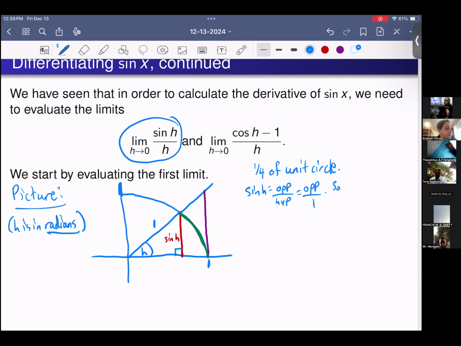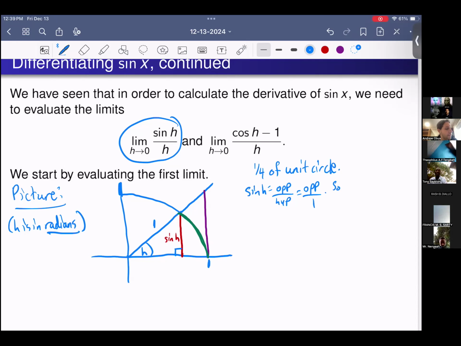And so the radian measure is equal to the arc length. Well, the radian measure is h, so the arc length also has to be h. So what we get is that the arc length equals h.